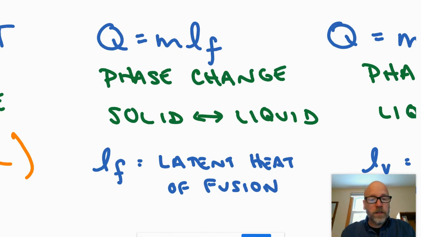Now, this latent heat of fusion, one of the bigger misnomers out there, it's not fusion like fusion in the nucleus. You know that, right? It's just the name for when it goes from a solid to a liquid. Now, here's the thing. When a liquid goes to the solid phase, that amount of heat would be released. So it works both ways.